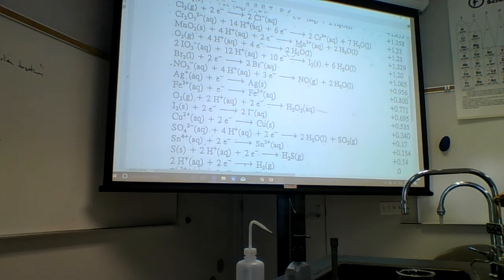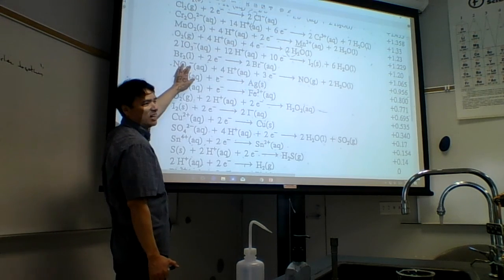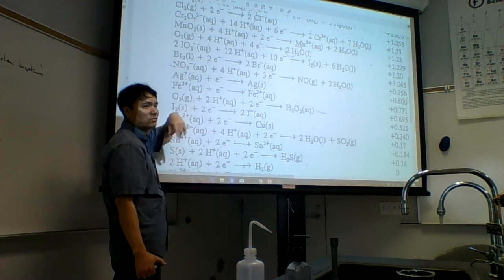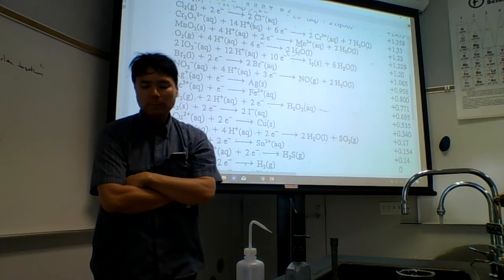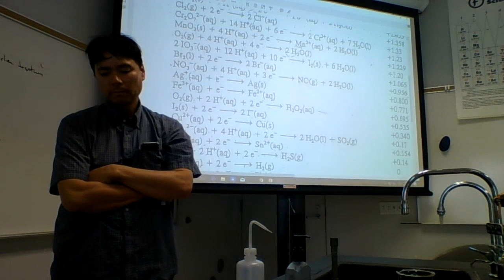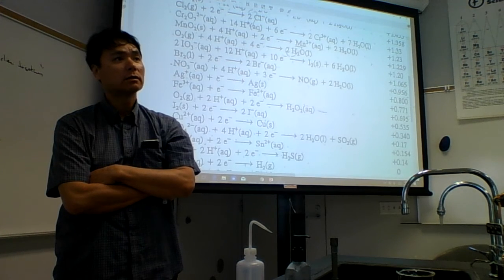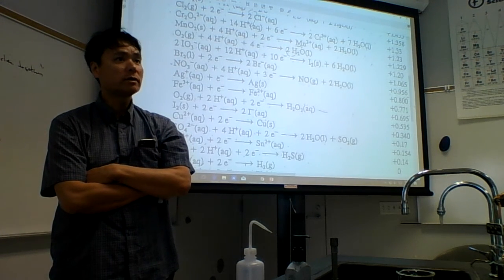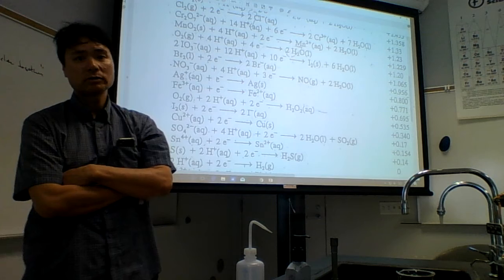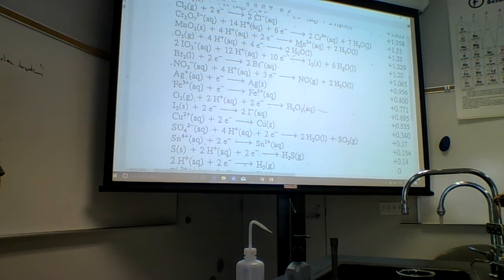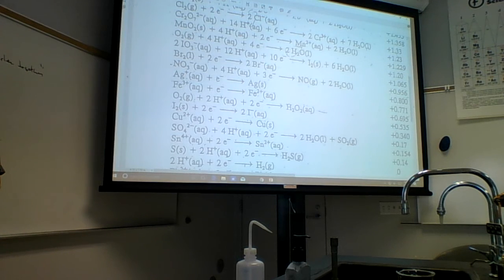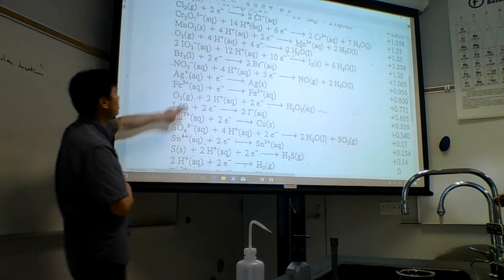So silver ions are a strong oxidizer and nitrate ion is a strong oxidizer. But, well, which one's stronger? Because the stronger one is the one that's most likely to react. So which of those is stronger? Silver or nitrate? Nitrate's stronger. Nitrate's closer to fluorine.